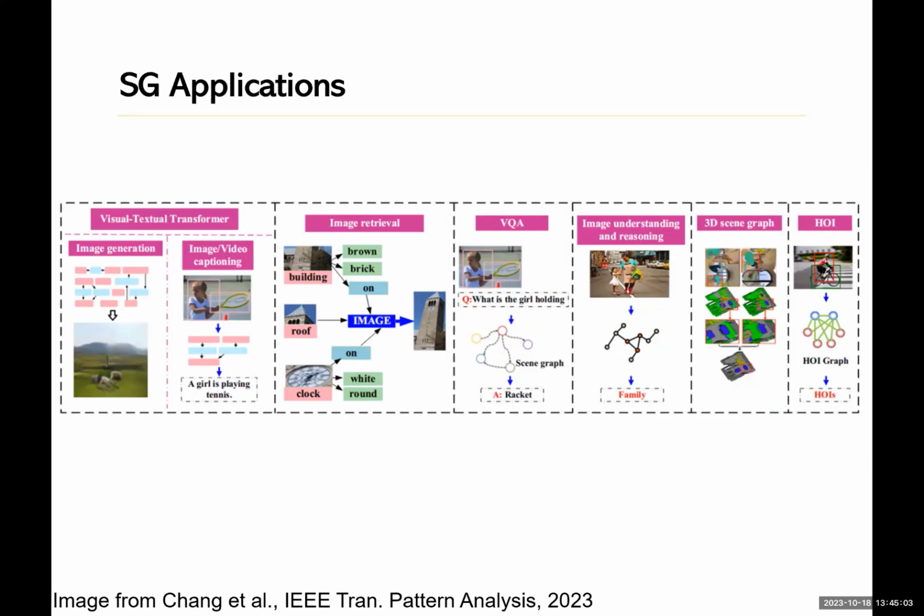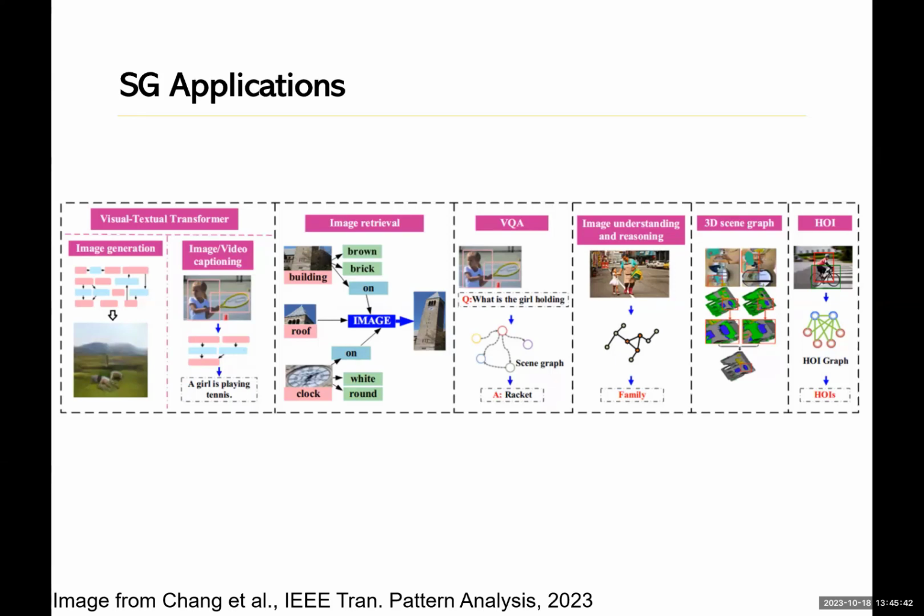So speaking of downstream applications, here's a summary and a couple we will talk about. Visual-textual transformation. There's been some work on actually doing image generation using scene graphs. Captioning is another interesting area. Used for image retrieval. Now this one's really interesting because with image retrieval, it reduces an image retrieval problem to kind of a graph comparison style problem, which has some advantages.